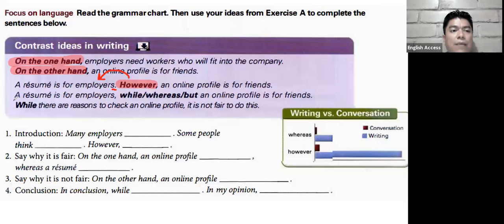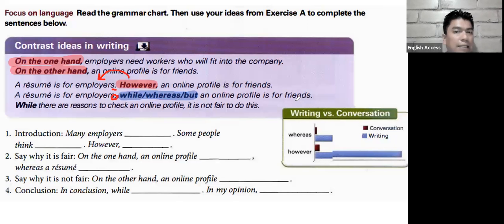You have the same one. A resume is for employers, comma, not a period, comma. And then we have our contrasting expressions: while, whereas, or but. And now they go together. The difference with however is that however is after a period, and while, whereas, and but are after a comma.